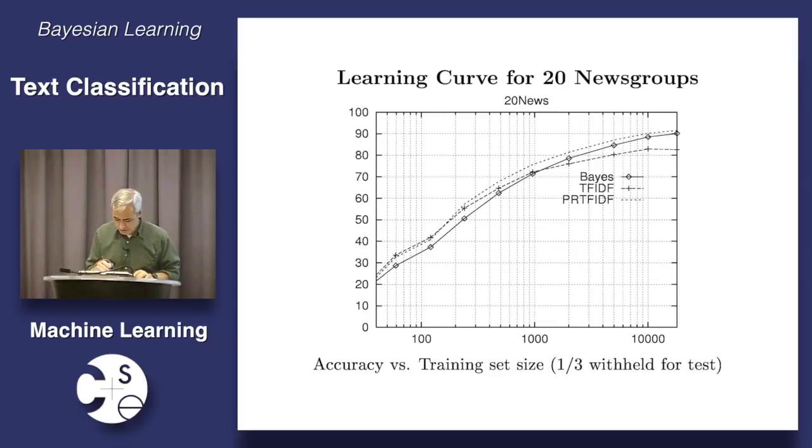With less data, TF-IDF is slightly better. With more data, naive Bayes actually starts to dominate. And then here's actually a combination of naive Bayes and TF-IDF. But the bottom line is, think of all those years that people in IR spent working on things like TF-IDF. Naive Bayes, you run it on some data, and it's as good as that.